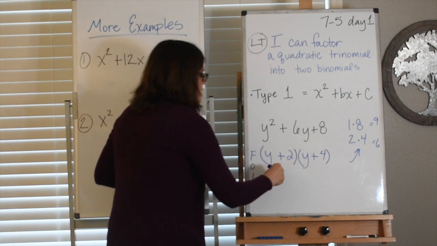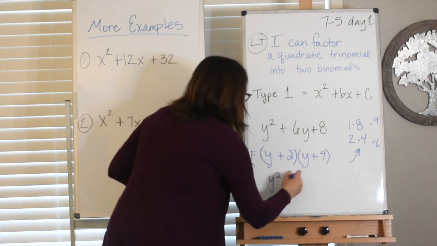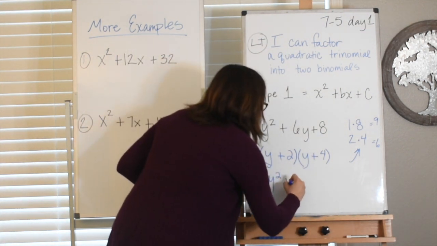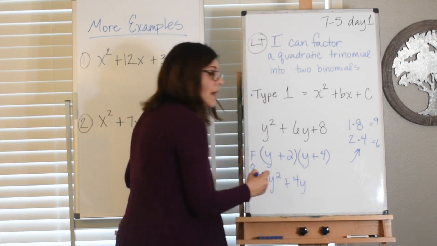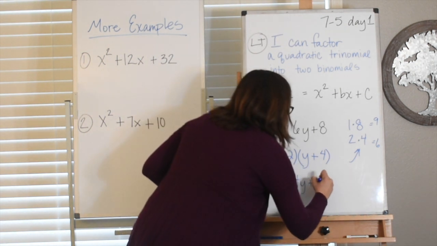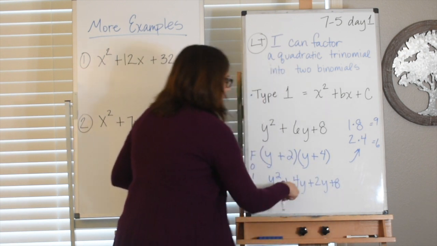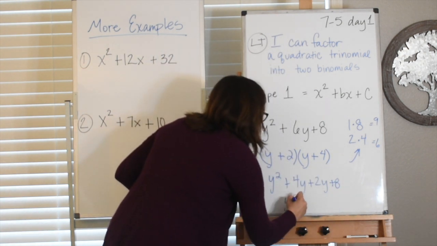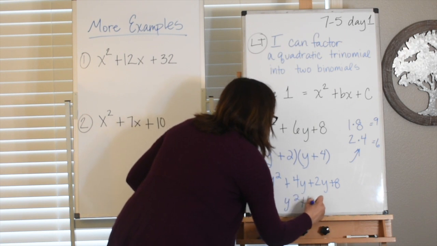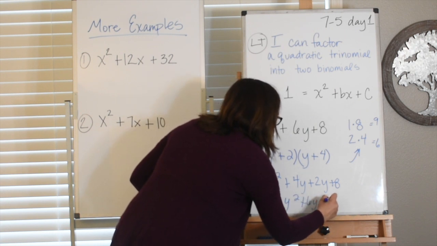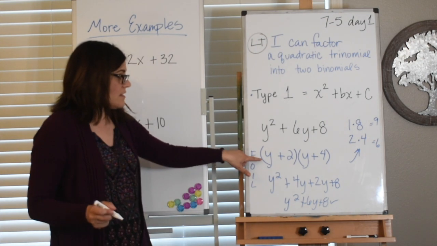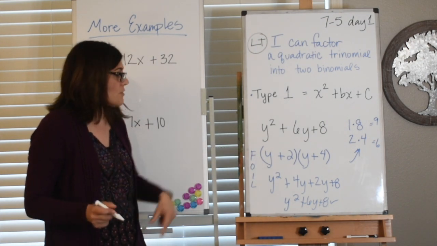So first, y times y is y squared. Outside, 4 times y is 4y. Inside, 2 times y is 2y. Last, 2 times 4 is 8. When I add my like terms in the middle, I get y squared plus 6y plus 8. So this works. This is the correct answer for this.